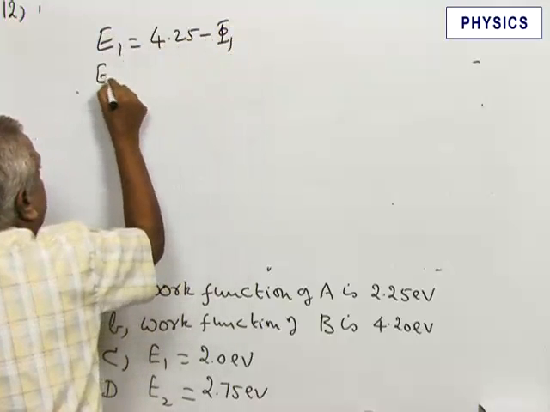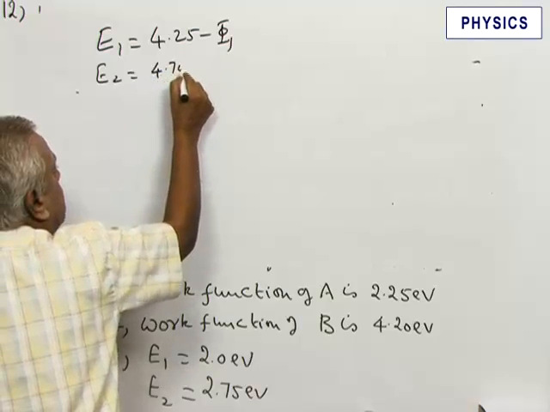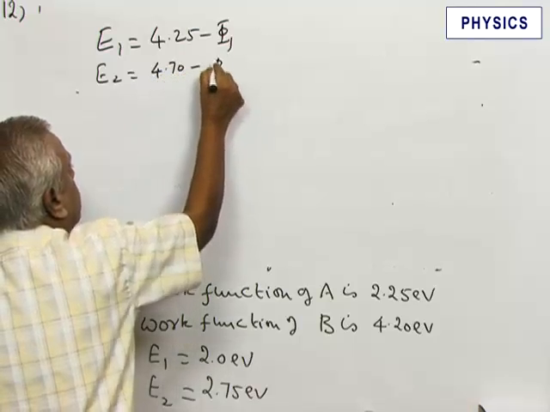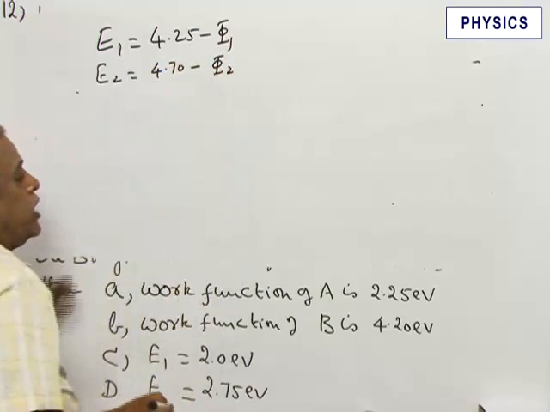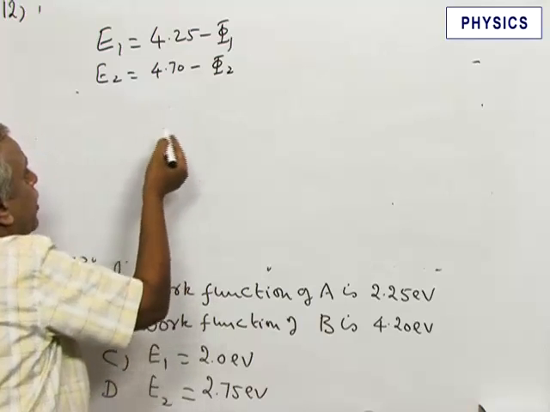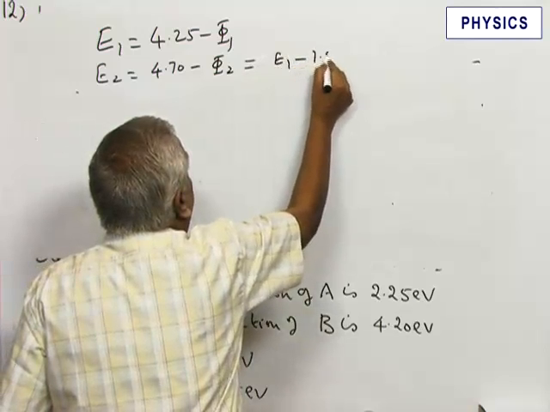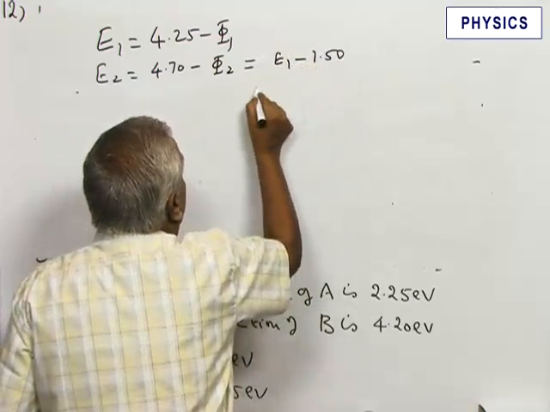Similarly, for the second metal, it is 4.70 minus phi 2, which is again given in the data as E1 minus 1.5.